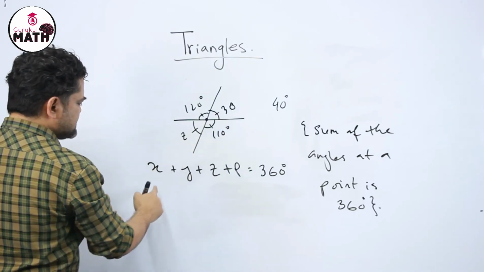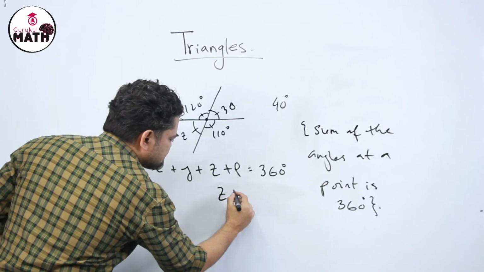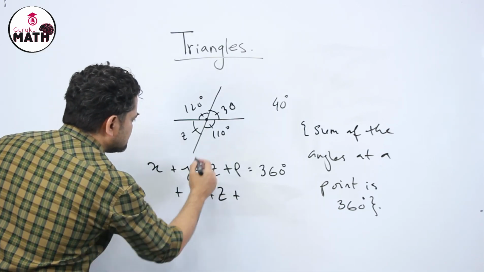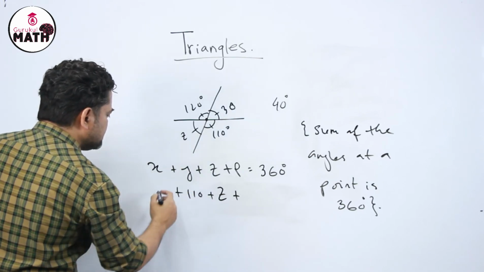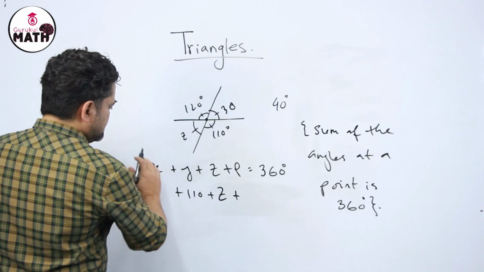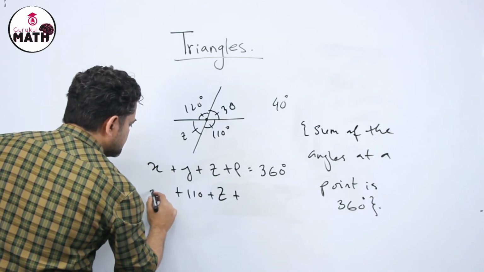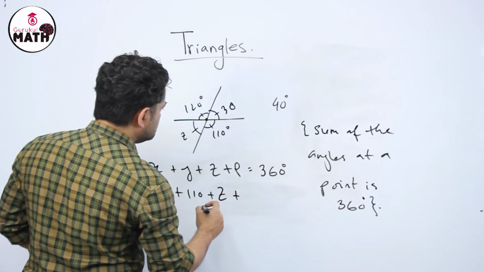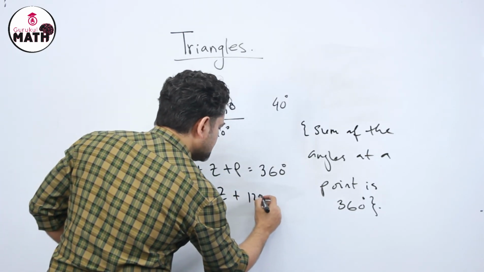So instead of this x, y, z, I have z, I will just find it, okay, and other angles I am writing here again. Suppose y equals 110 degrees and say x equals 30 degrees and p equals say 120 degrees.